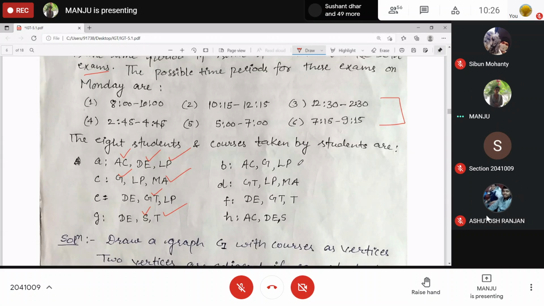Since each student has taken 3 courses, there will be cycle formation, that is C3 between these, C3 between these, C3 between these, and so on. So taking the courses as vertices, if there is a common student, then adjacent. Draw the graph.